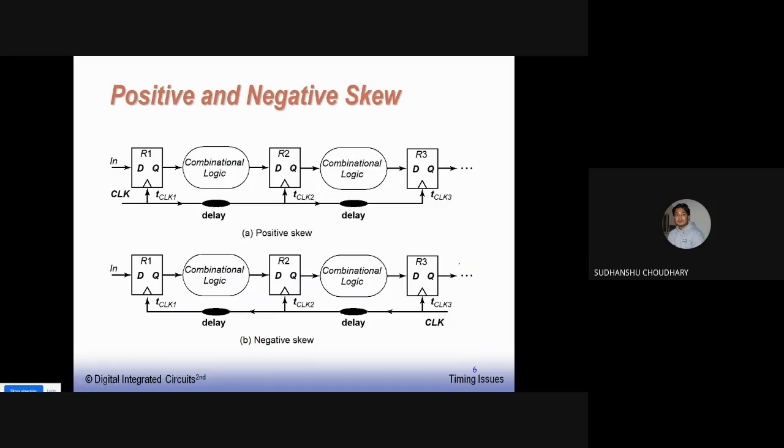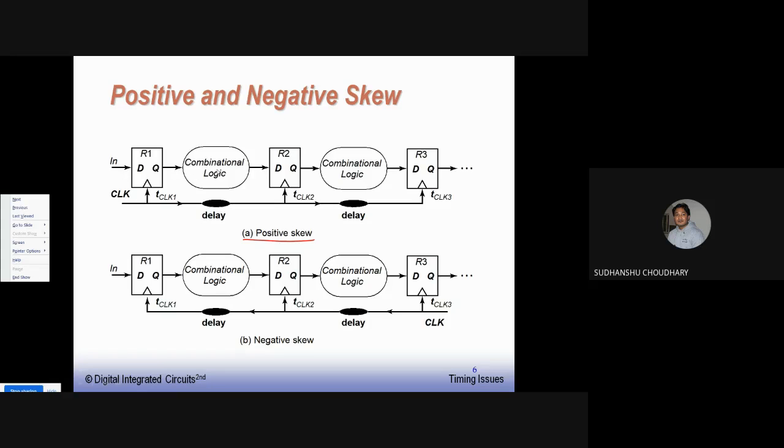Now let us talk about this positive and negative skew in somewhat more detail. You will notice that in a circuit, positive skew will always exist when both the data and the clock are moving in the same direction, right?